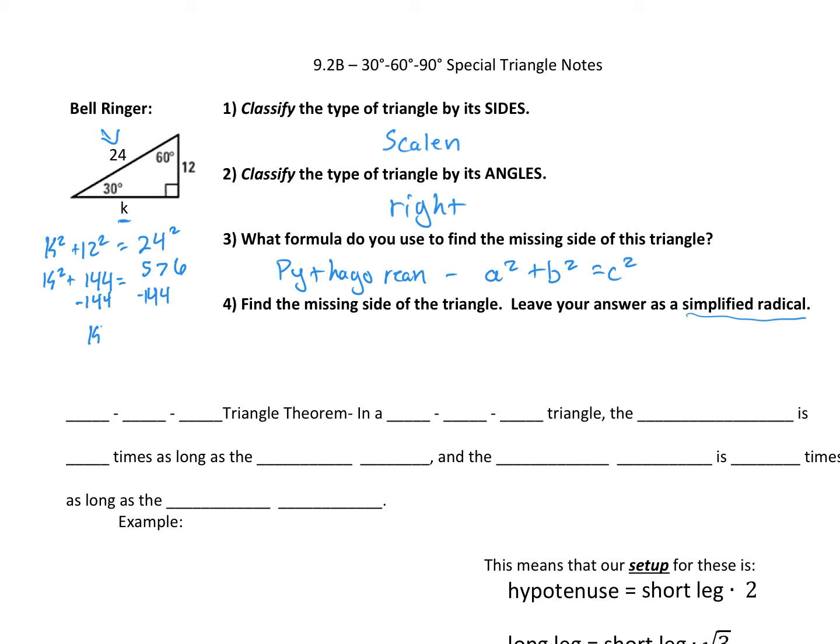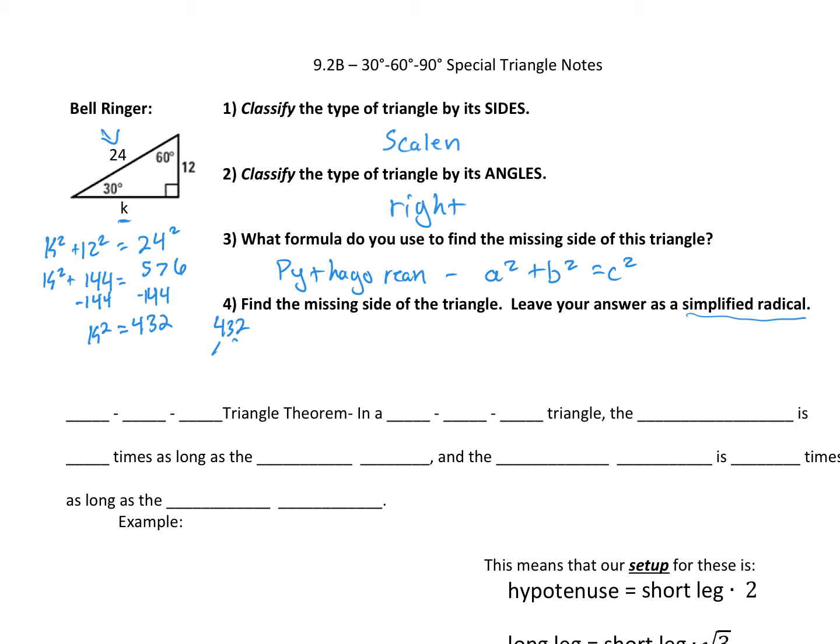That gives me k squared must equal 432. I don't know if 432 has a perfect square in it at all, but I can break it down into its factors using the tree. So we have 432.